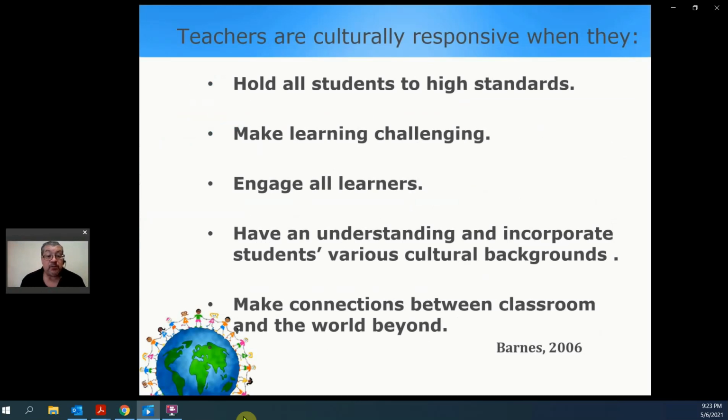Teachers are culturally responsive when they hold all students to high standards, make learning challenging, engage all learners, have an understanding and incorporate students' various cultural backgrounds, make connections between classroom and the world beyond. Now, these just seem like best practices for teachers. And this is from Barnes, 2006, Preparing Pre-Service Teachers to Teach in a Culturally Responsive Way.